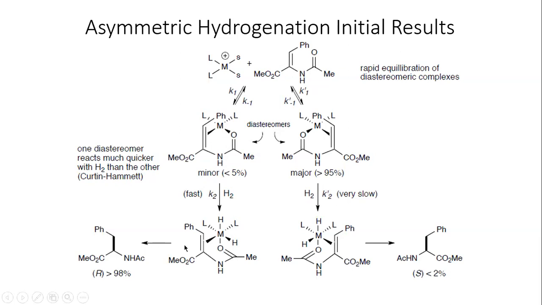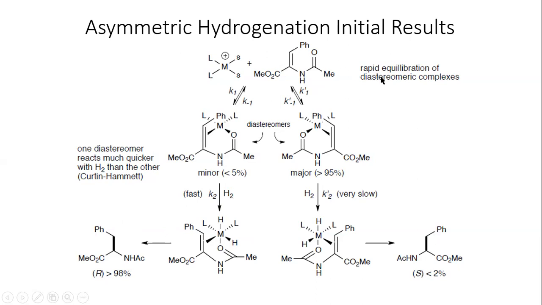So you end up here and you get greater than 98% of this. And here, after you do your insertion and your reductive elimination, this is your hydrogenation product, the R isomer, greater than 98%, and then less than 2% for the S isomer, right?